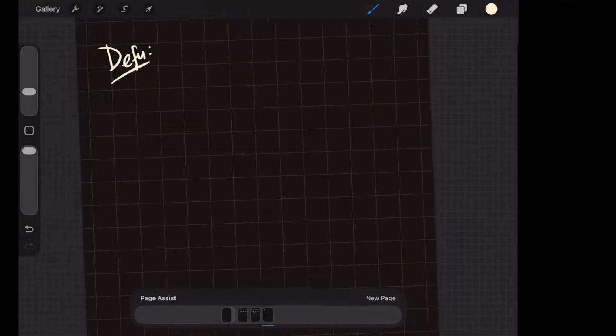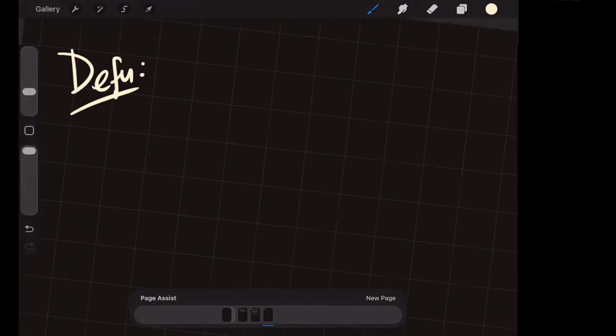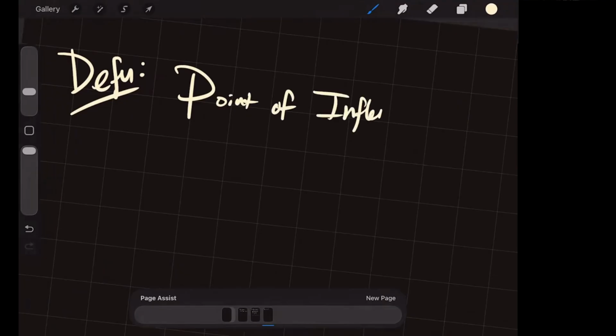Anyway, definition: point of inflection, or inflection point. It's worth noting that not all of these are actual points, and we'll get into that.